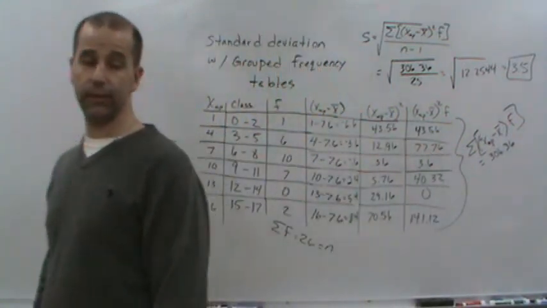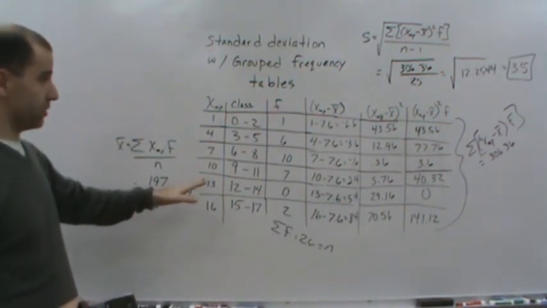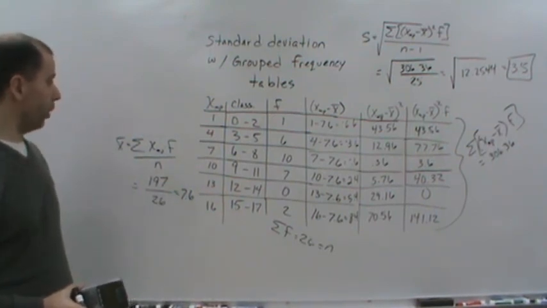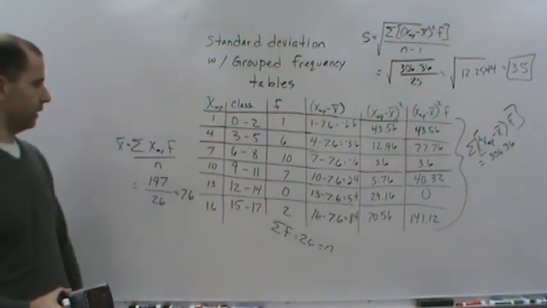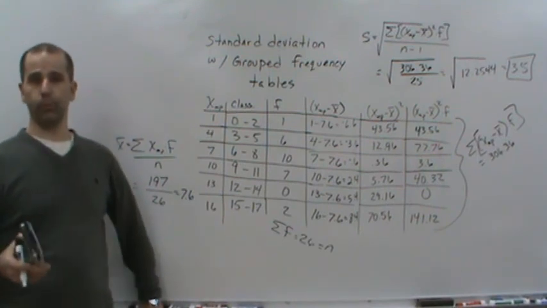So the standard deviation for this distribution is 3.5. 3.5 what? Well, we don't know. They don't tell us the values of what this is. But anyway, it's just 3.5.